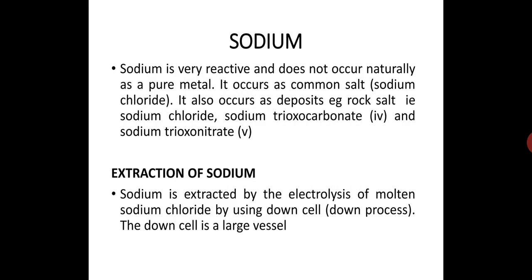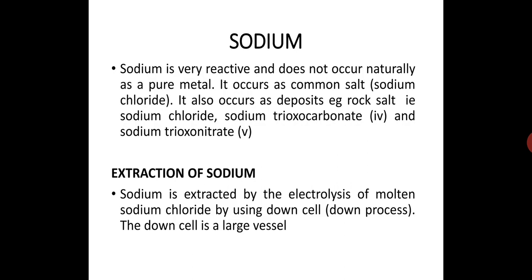Extraction of sodium from its salt. Sodium is extracted by the electrolysis of molten sodium chloride using the Downs cell. The process we use is called the Downs process. It is an electrolytic process.